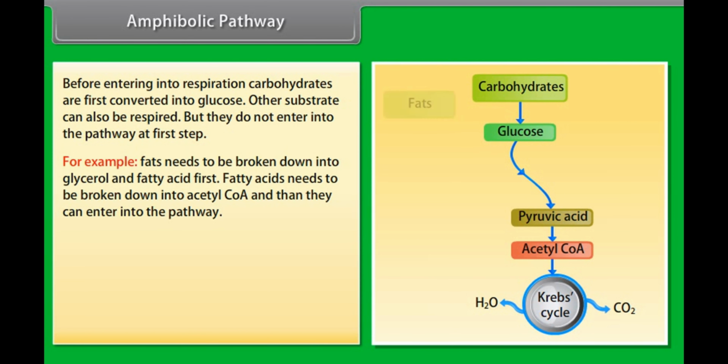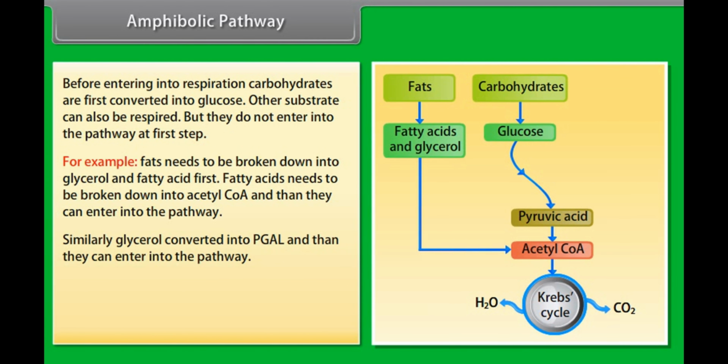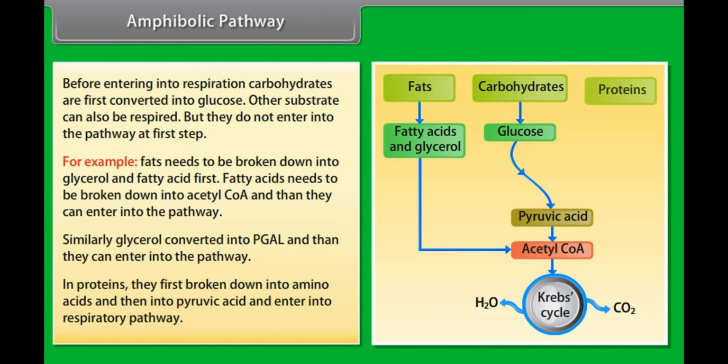For example, fats need to be broken down into glycerol and fatty acids first. Fatty acids need to be broken down into acetyl CoA, and then they can enter into the pathway. Similarly, glycerol is converted into PGAL, and then it can enter into the pathway. Proteins first break down into amino acids and then into pyruvic acid and enter into the respiratory pathway.